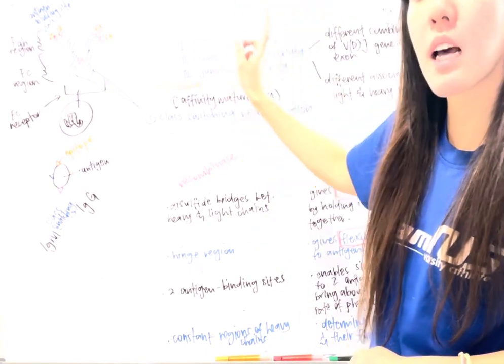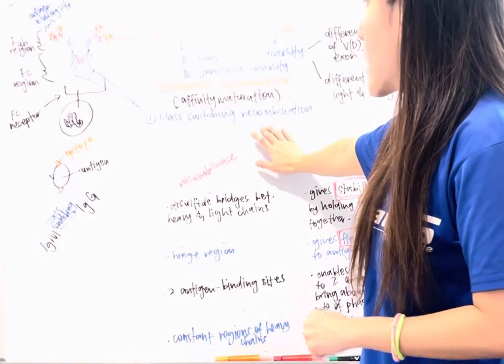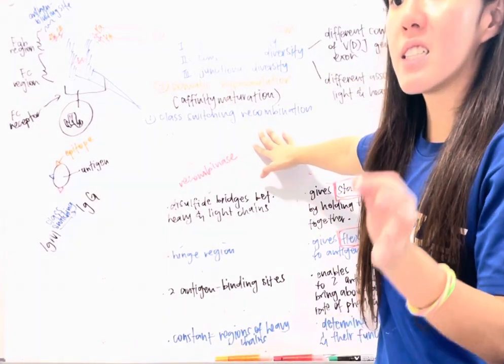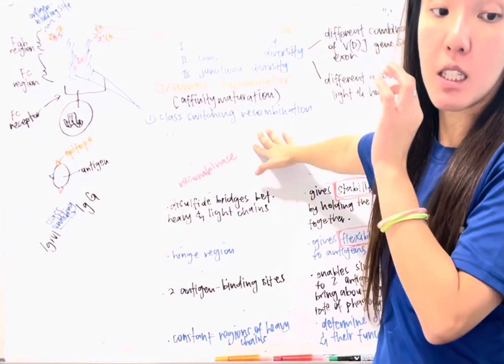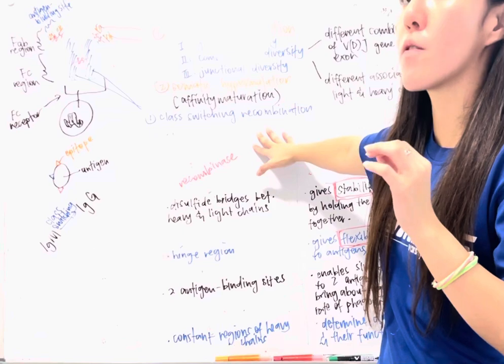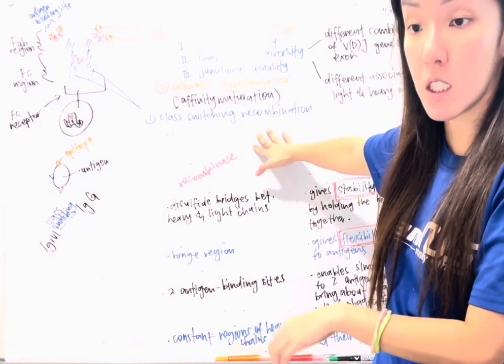But what is class switching? If you want to know the definition, class switching occurs where DNA rearrangement occurs at the constant region of the heavy chain gene locus.